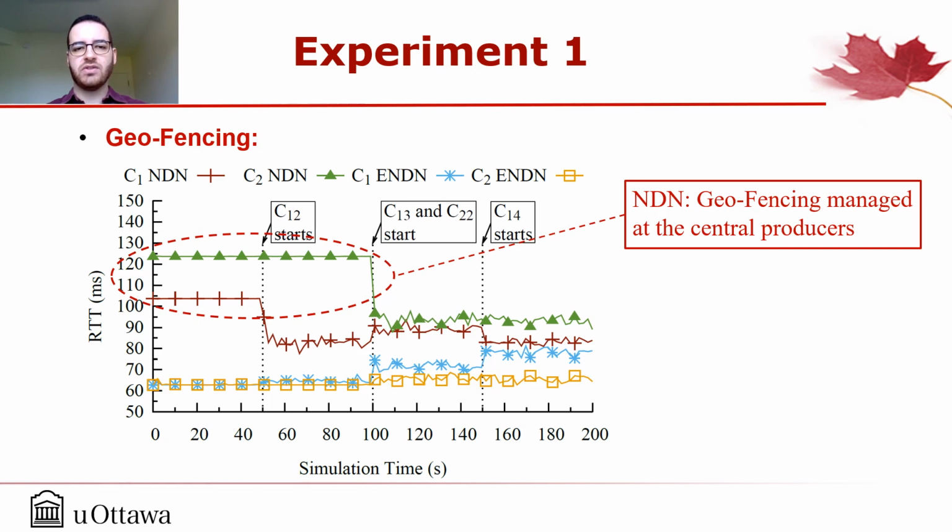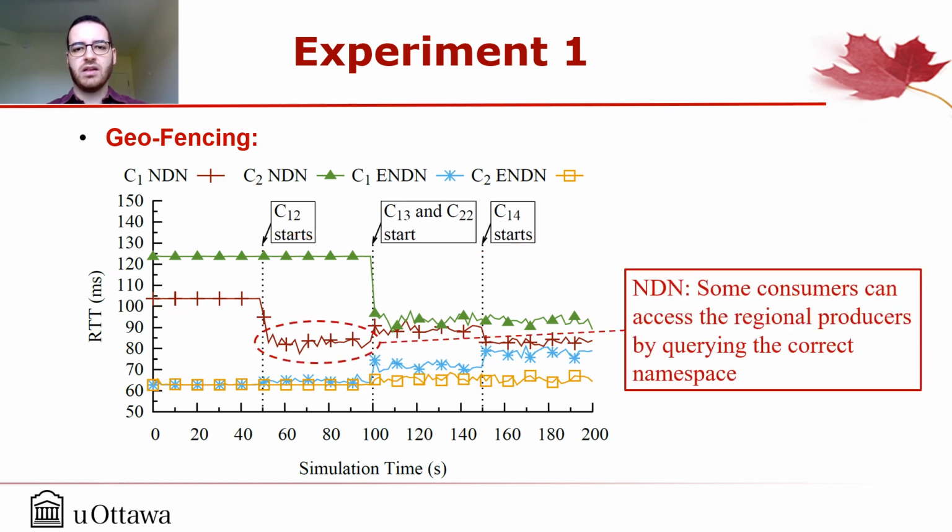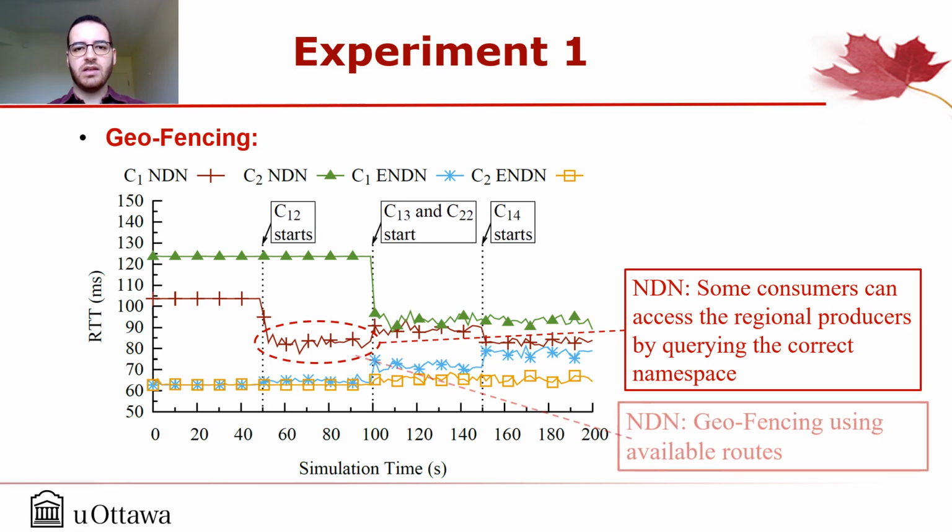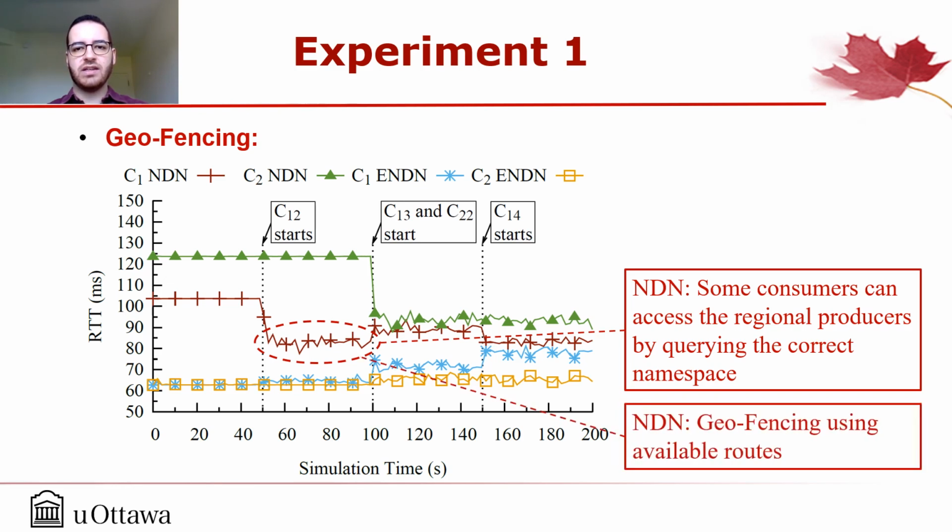This incurs an additional delay. However, some consumers can still access content in their regional producers if they query the correct namespace, which explains the reduction of delay as consumers aware of the regional producers start requesting content. In that case, geofencing is managed by the available EFIB routes.